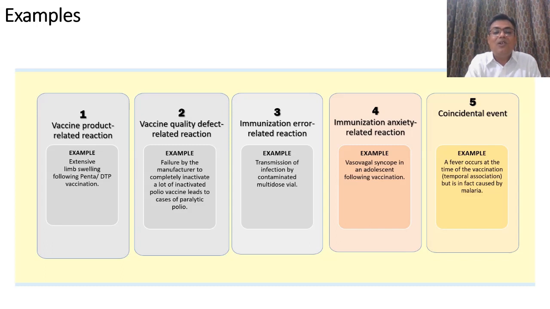Transmission of infection by a contaminated multi-dose vial is an immunization error related reaction. Vasovagal syncope in an adolescent is an immunization anxiety related reaction, and a fever due to malaria but followed by immunization is an example of a coincidental event.